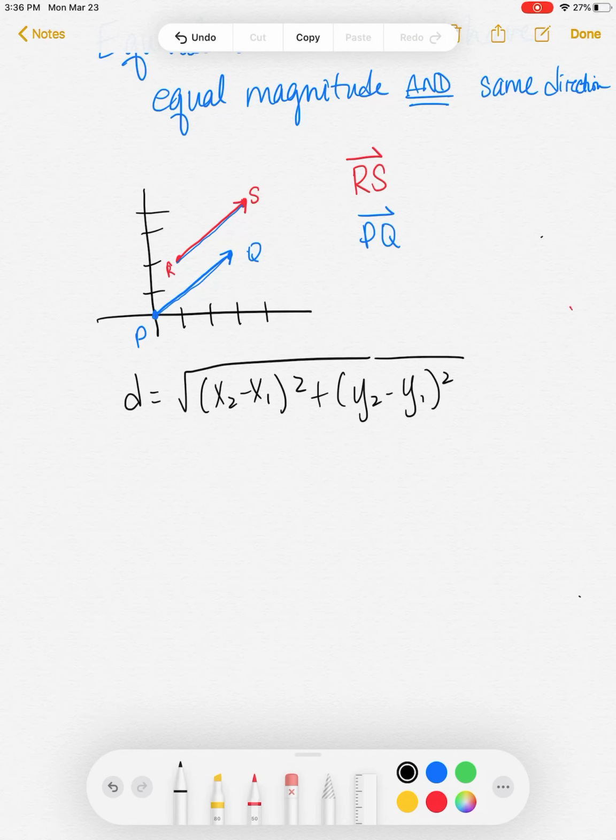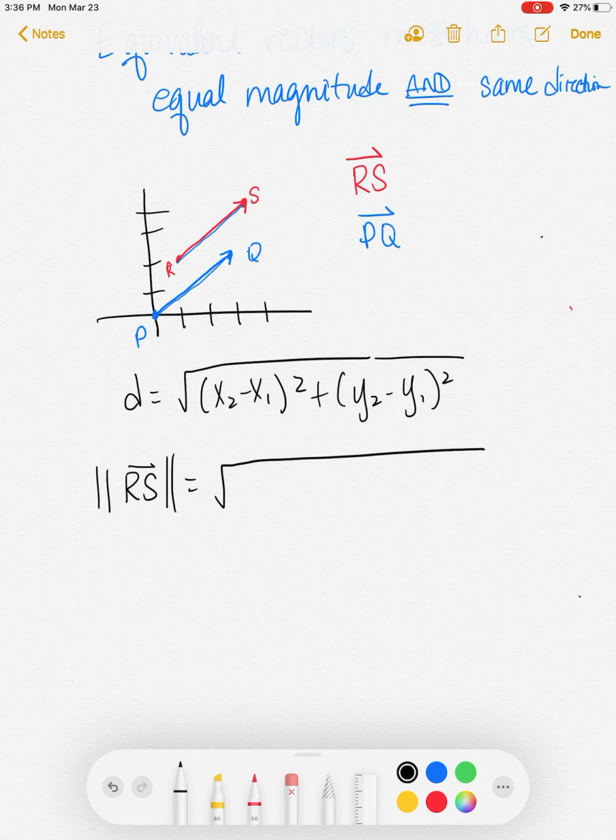We'll say the magnitude of RS will be, my 2 points were 4, 4, this one up here, and then 1, 2.